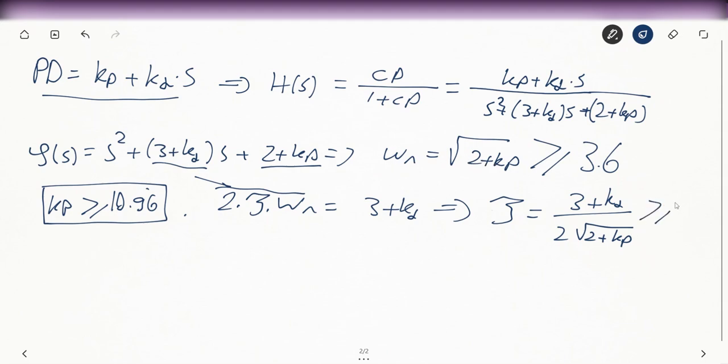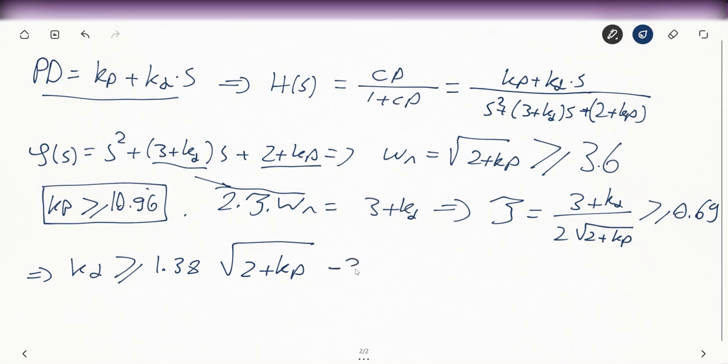This should be greater than or equal to 0.69, as we have found before using the condition of the maximum overshoot. So from this, we know that Kd should be greater than or equal to 1.38 times the square root of 2 plus Kp minus 3.